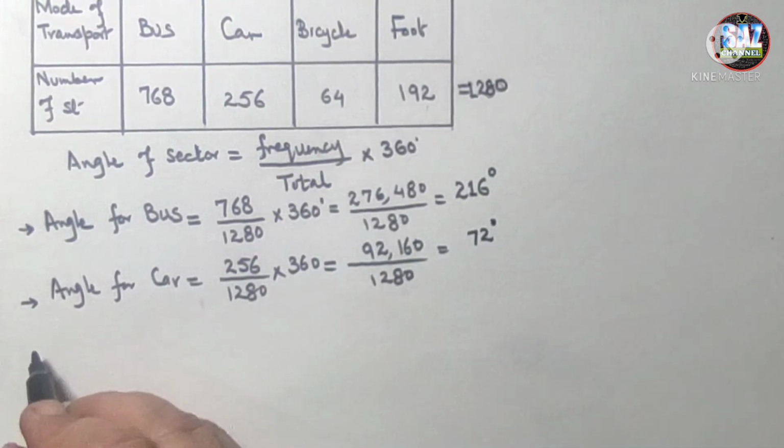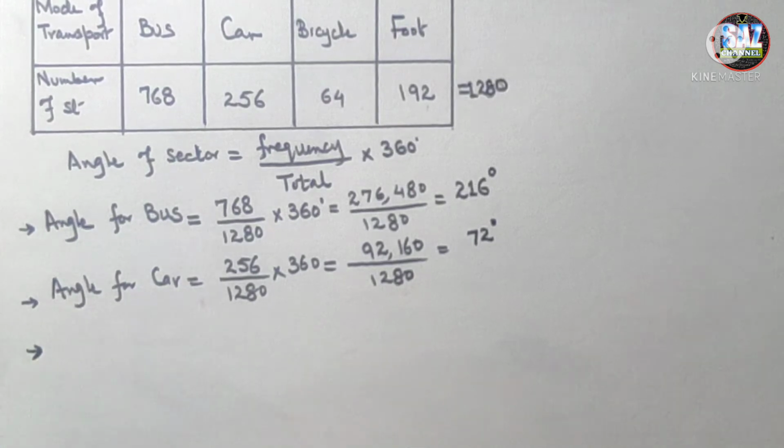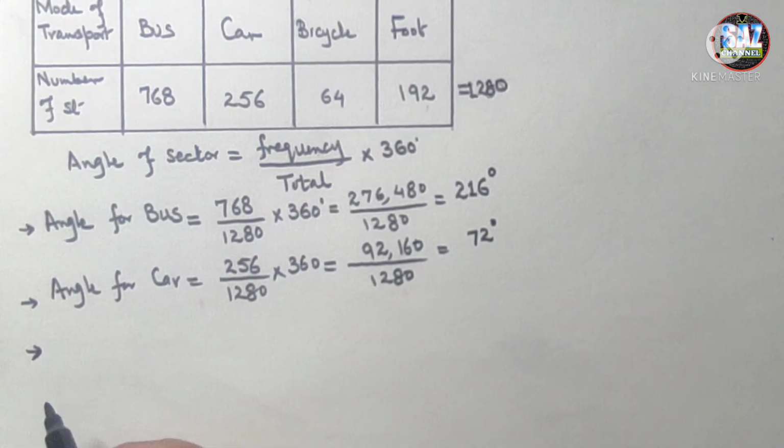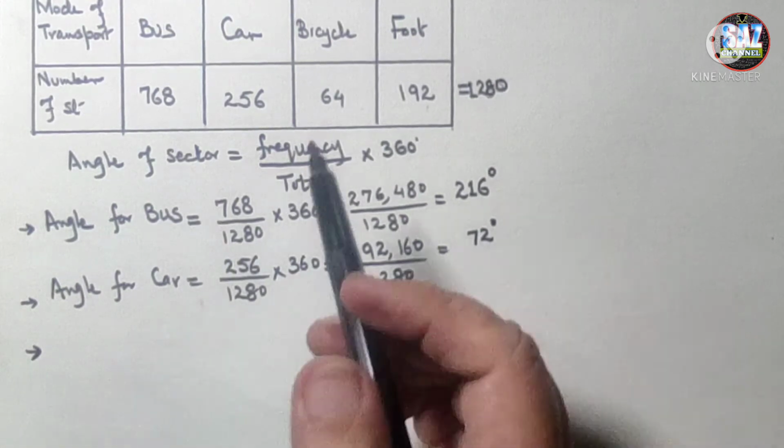Then for bicycle, I'm going really slowly because I'm making these lessons especially for my 6th and 7th grade students. They are young at this stage and they find difficulty with the calculation of angles and the construction of pie charts.